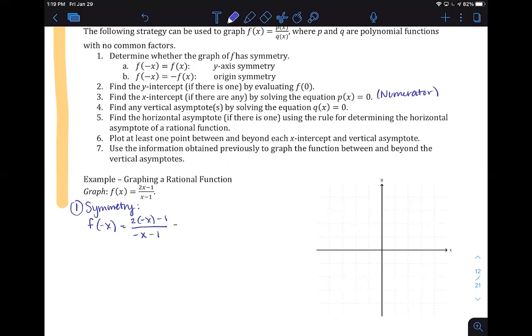Well, 2 times negative x is negative 2x minus 1 over negative x minus 1. That's not our original function. Do we agree? Let's see if we divide everything by a negative 1. Divide by negative 1, we would get 2x plus 1 over x plus 1. Is that what we started with? No. So that means we have no symmetry.